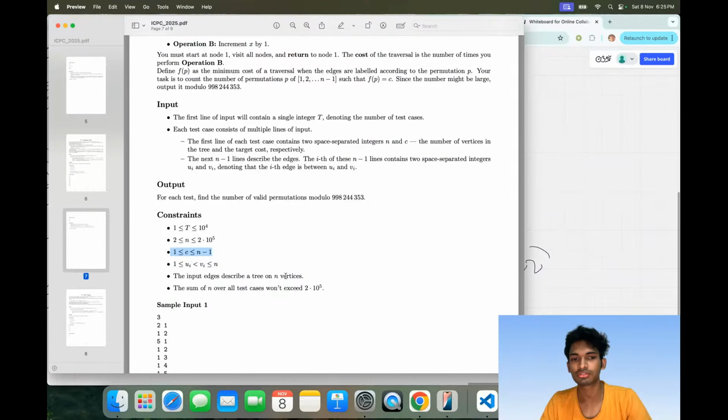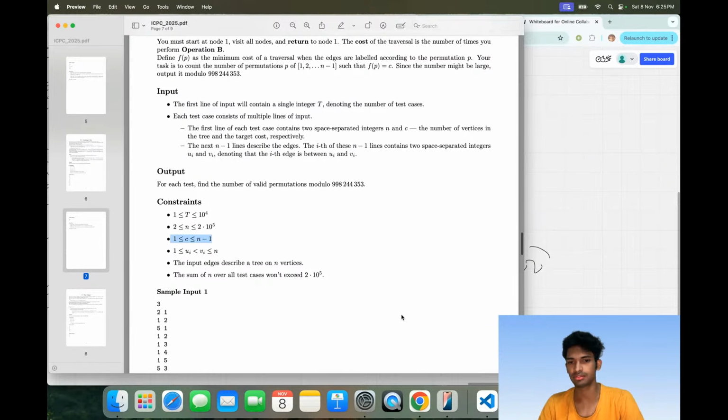If c is less than or equals to this, wait, there are only n minus 1 edges. C can never be n. C can be n sometimes, but I don't know why they haven't given that.